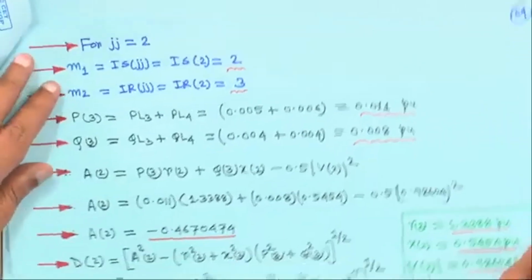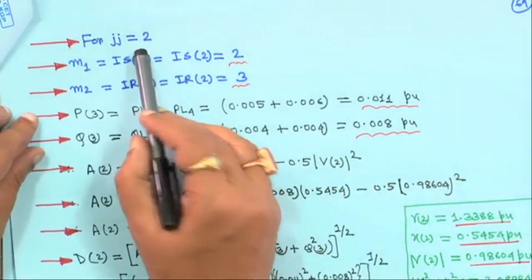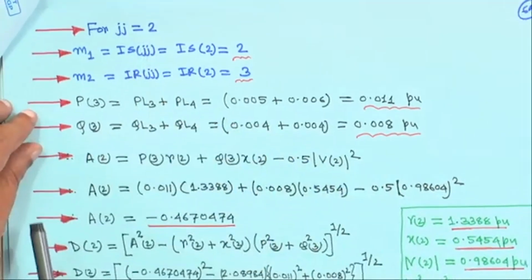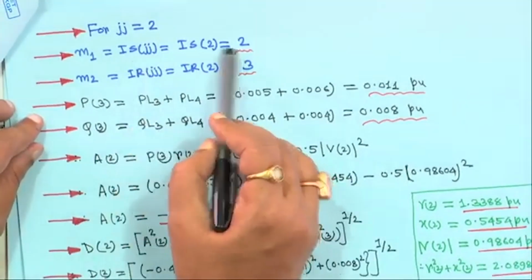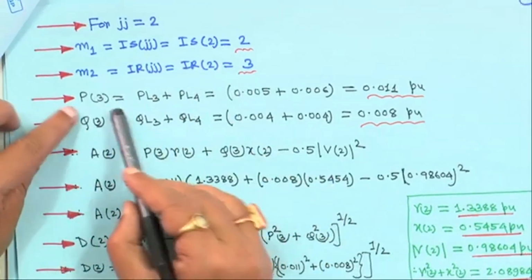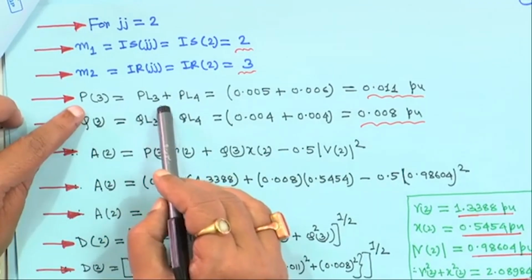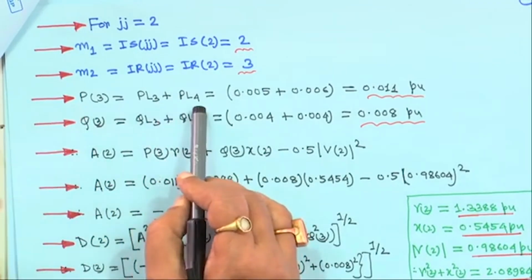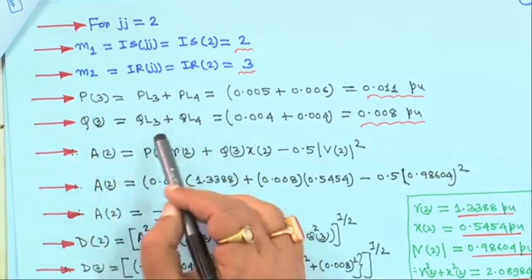Similarly, for jj is equal to 2, m1 is equal to 2, all this I have explained, and m2 is equal to 3. Therefore, P3 will be PL3 plus PL4, the total, since initially losses are all neglected.